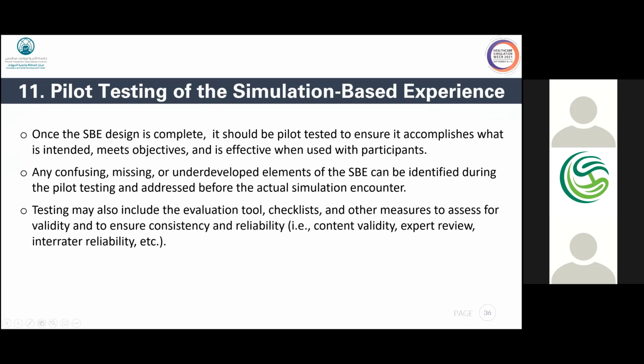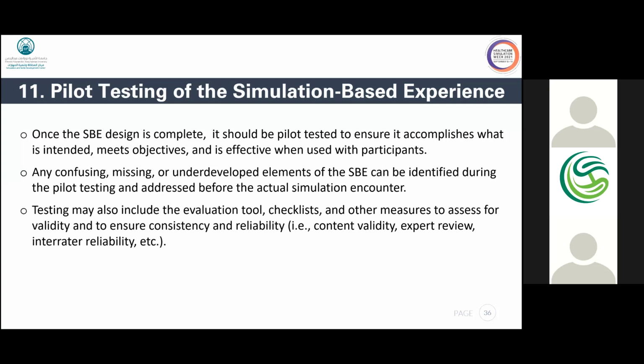Finally, the pilot testing of the simulation scenario. This is what I call the luxury step, in which the educator, or the requester or the designer of the scenario, will pilot the scenario among a group similar to their target participants. We have to ensure the validity, consistency and reliability of the scenario and the results.